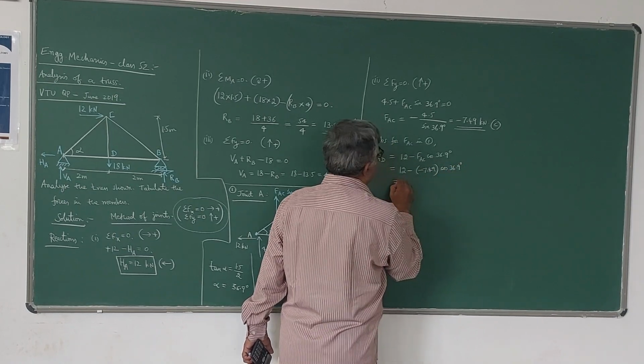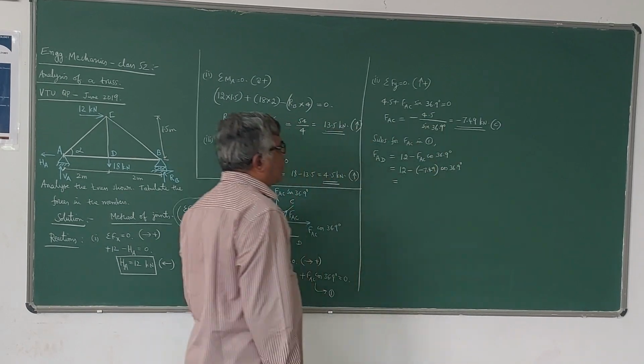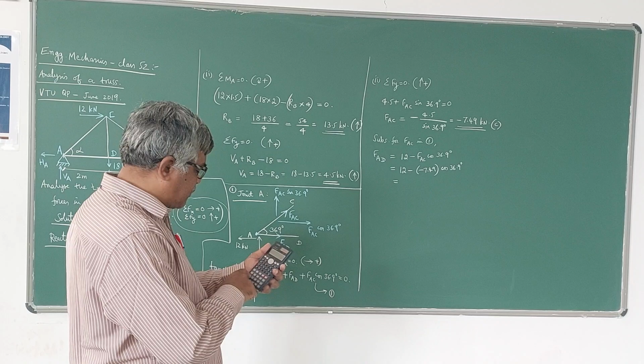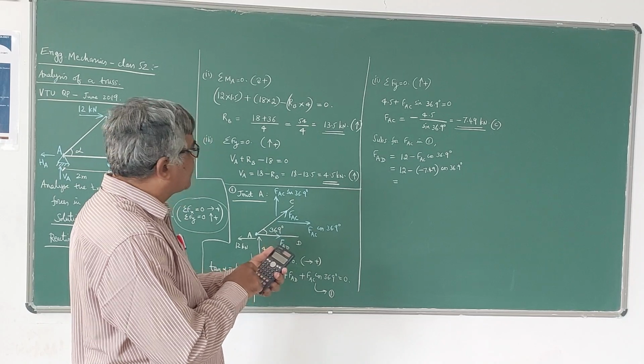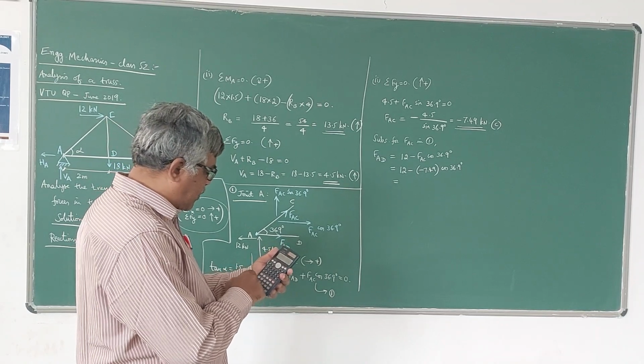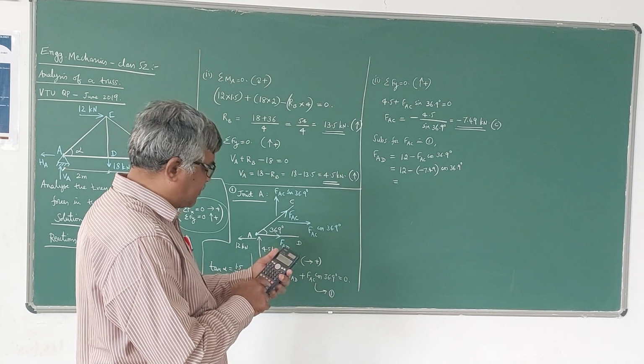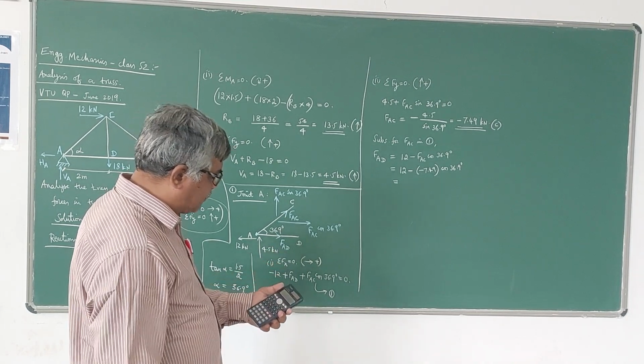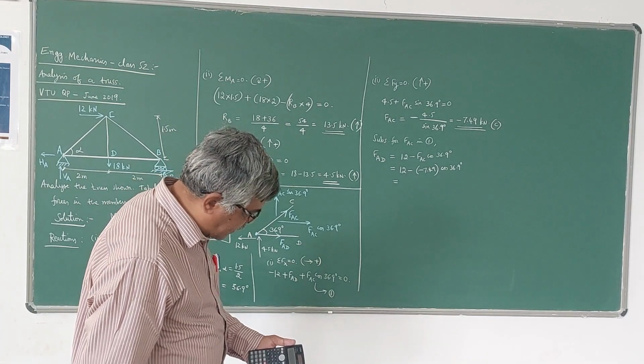Substitute the value of FAC, whatever you have got, with the proper sign. So now it becomes 12 plus 7.49 into cos 36.9, which is equal to 17.99.